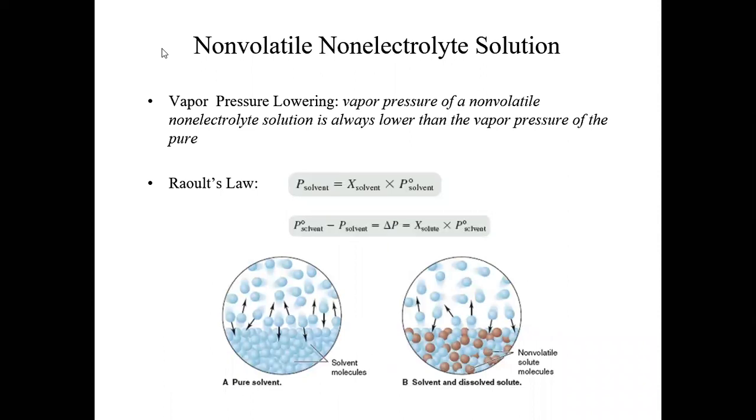So first, we're going to talk about vapor pressure lowering, and we're going to keep it strictly to a non-volatile, non-electrolyte solution. So what do we mean by non-volatile, non-electrolyte solution? Non-volatile means that the solute doesn't contribute to the total vapor pressure of the system.